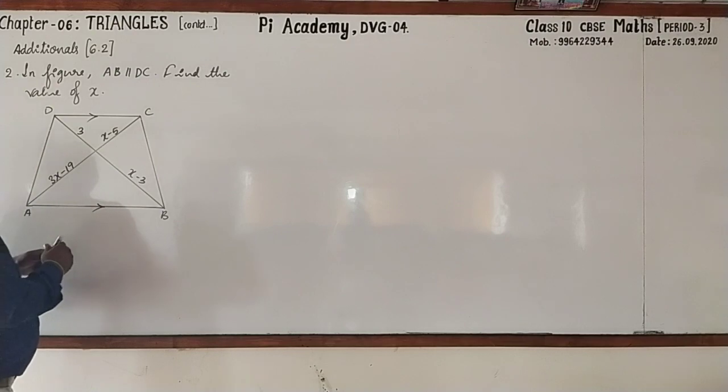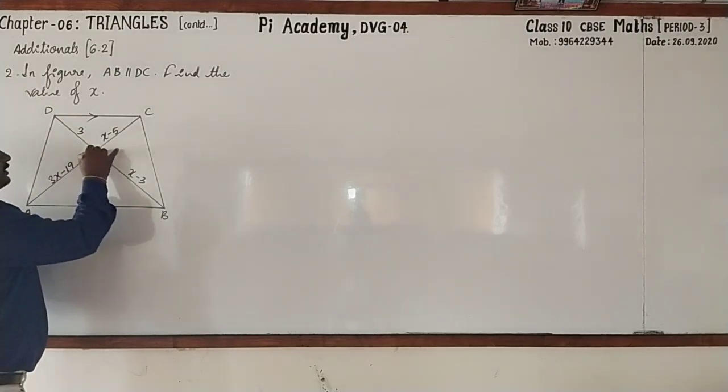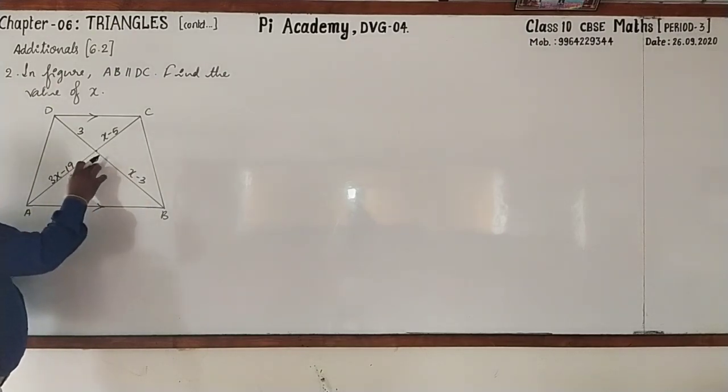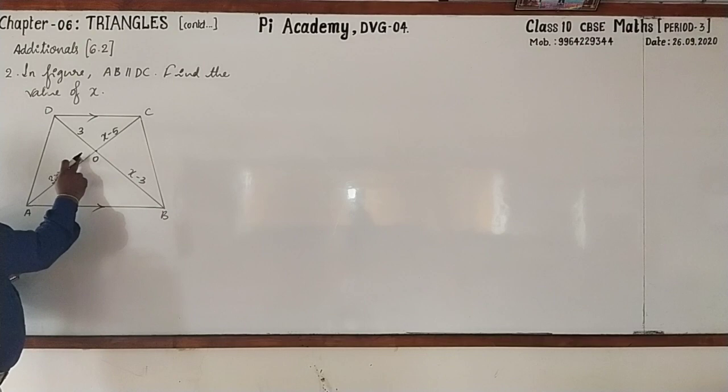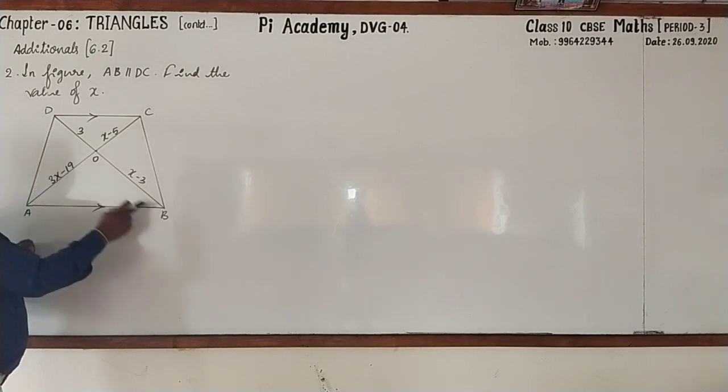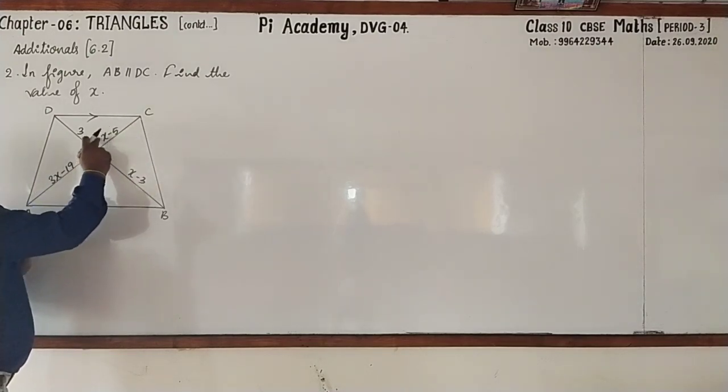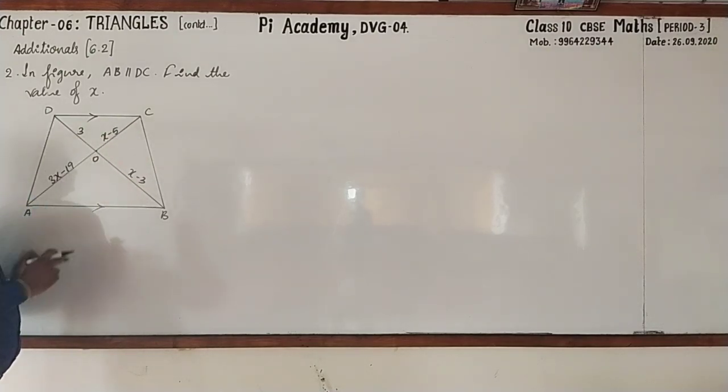Here they have given the diagonals and these diagonals intersect each other at a point O. And whatever the segments are obtained and their measurement is also given. See, for example AO is 3x minus 19, BO is x minus 3, CO is x minus 5 and DO is 3.